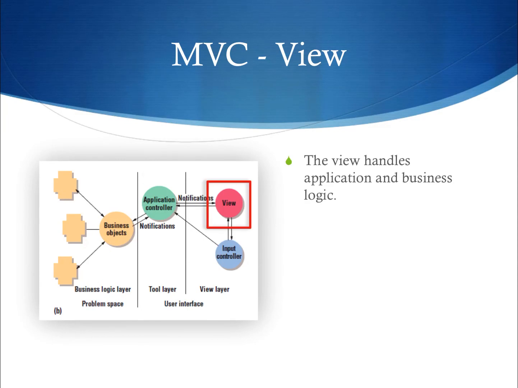And for the last, the view. So the view does not handle application and business logic. Only code directly related to the current page is allowed. So it's just HTML, CSS, JavaScript, jQuery, whatever, in the case of a web application, but just code directly related to the current page.